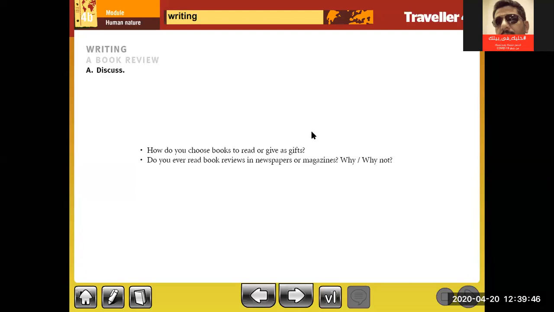Suppose that your mother likes reading religious books. So you will choose a book of religion for her. Suppose that your friend is interested in novels, stories. So you will choose a story for him.